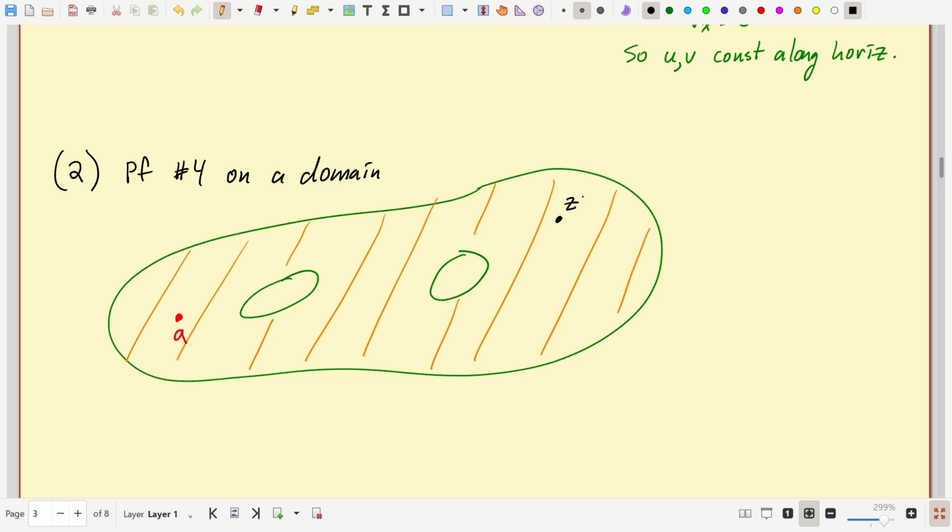Then we know that since it's a domain, A and Z can be connected by a continuous curve. And we know if they can be connected by a continuous curve, they can also be connected by a polygonal curve, just by approximating by chords. And here's the argument now.